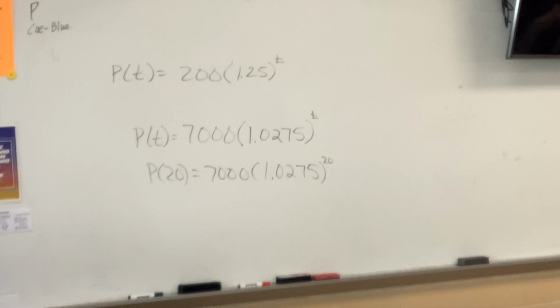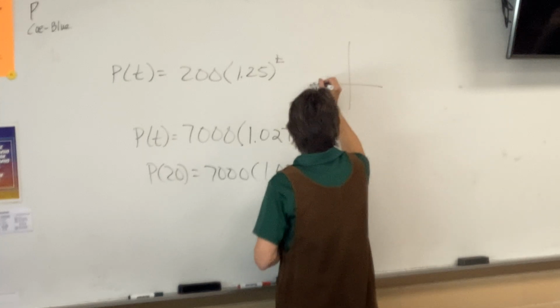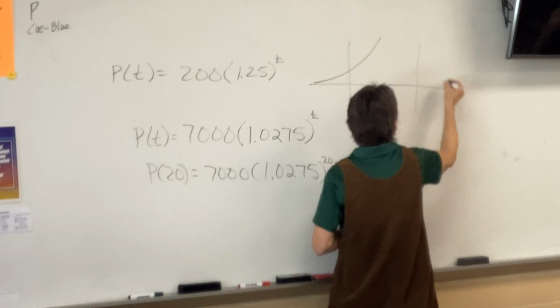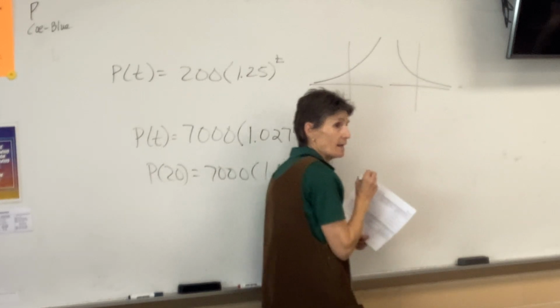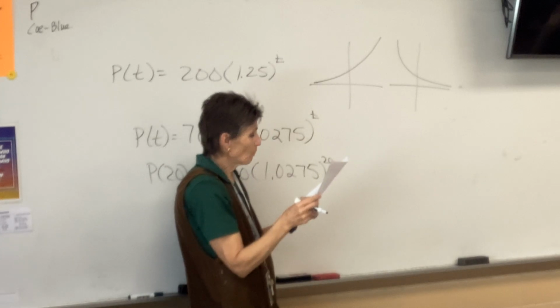That's growth. Third one is growth, and the fourth one is decay. Very, very basic. Remember graphically, this is exponential growth, and this is exponential decay, right? Okay.